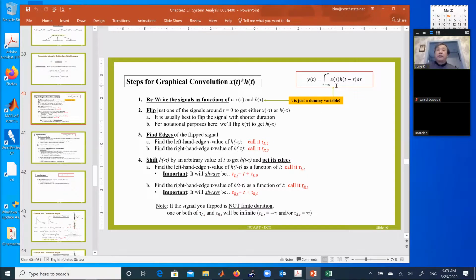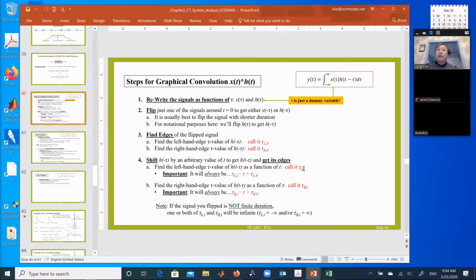First step: x of t and h of t are given. X of t is changed to x of tau, and h of t is changed to h of tau. So all in the tau domain. Then one of them is flipped, either x or h, you can flip either one, and then shift it by the amount of t.